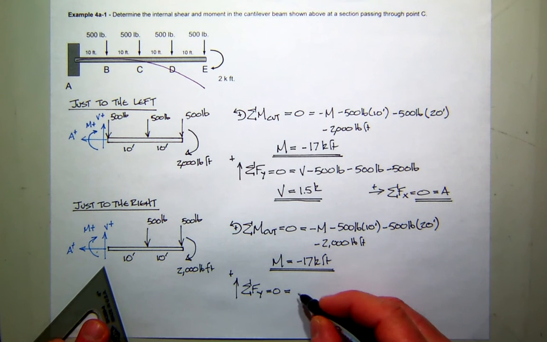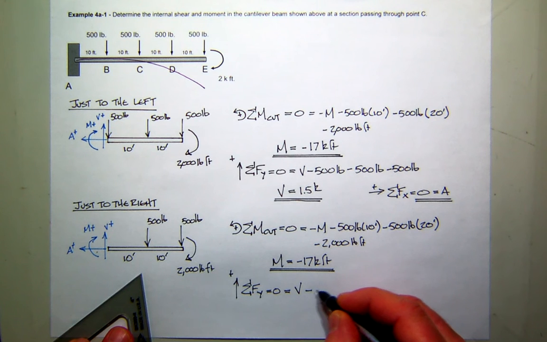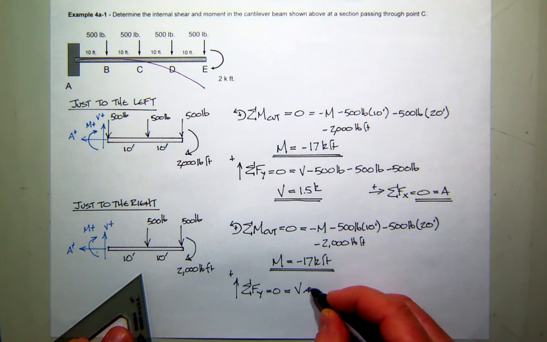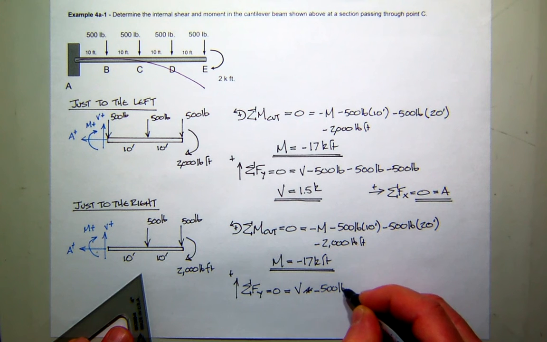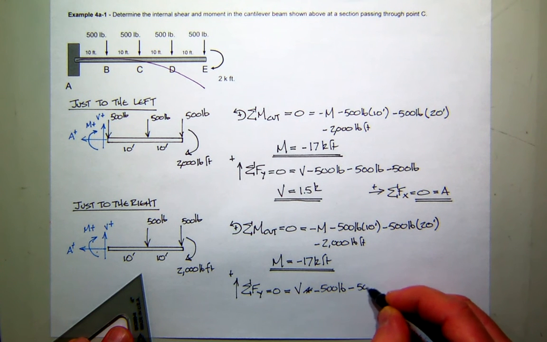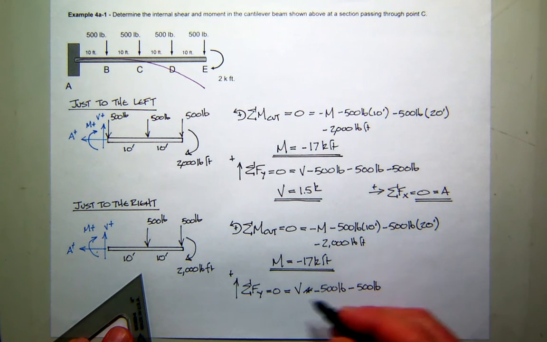My shear force is acting up. And I've got two forces acting down, 500 pounds down, 500 pounds down. That's it, right? So my shear force is equal to 1 kip.